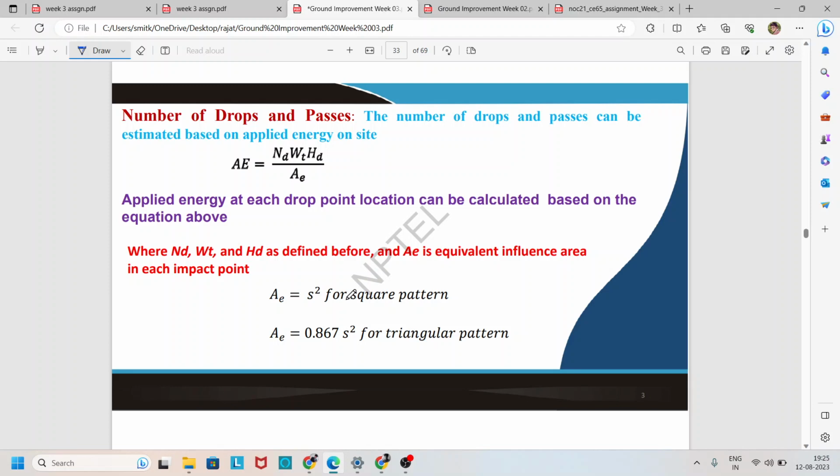In the next slide, a formula is given to find the applied energy, that is, how much energy we apply at each point.